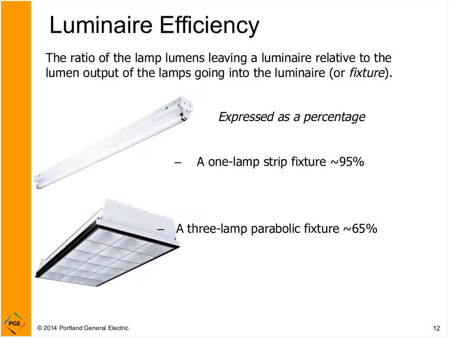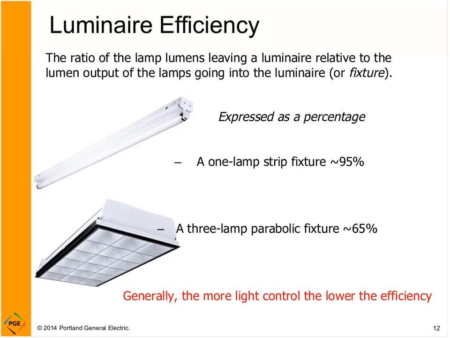But even though we can see that this one lamp strip fixture is more efficient than the 3-lamp parabolic, we may not want that high glare of that bare lamp, and we may not want the light to go everywhere. So in a parabolic fixture, we have these louvers that direct the light where we want it to go, but you're going to lose some efficiency when that happens.